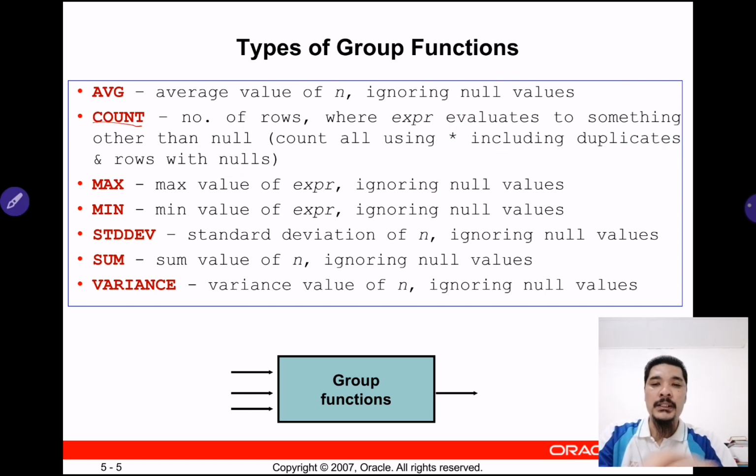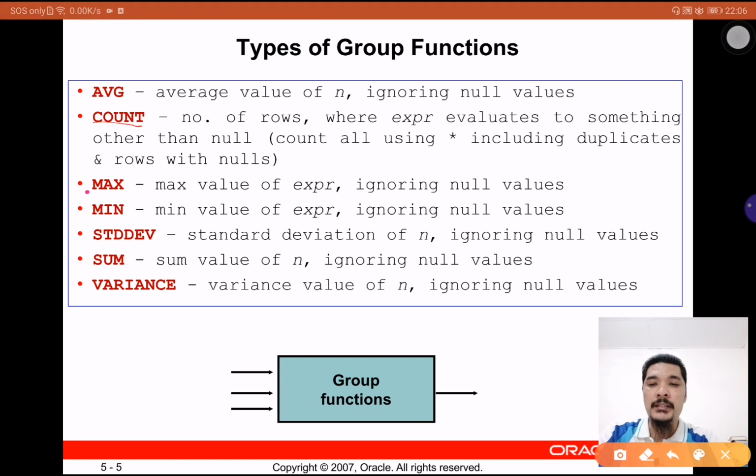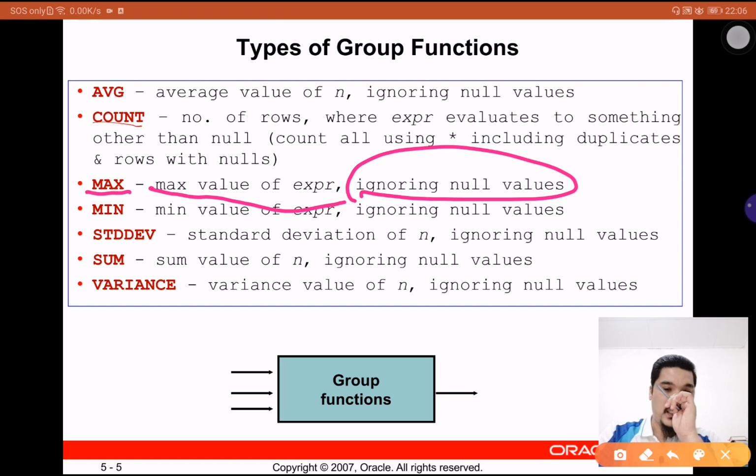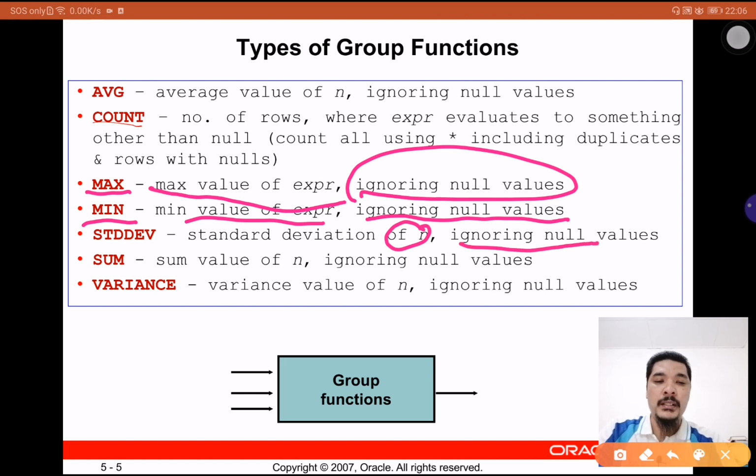Compared to the others, for example MAX is the maximum value of the expression, ignoring null values, so null is not part of the input value. The same goes for MIN, the minimum value of the expression, also ignoring nulls, and standard deviation of n, also ignoring null. So if this list of row values has a null inside, when we use these group functions, they will ignore the null values.